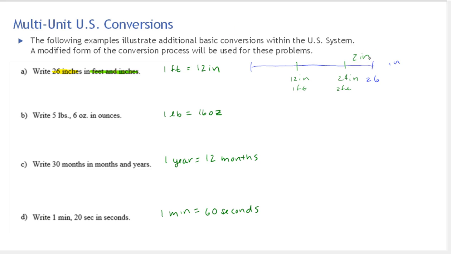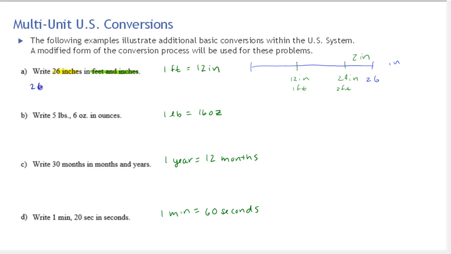Okay? So sometimes it's helpful, rather than to say 26 inches, to write this as many feet that will go into 26 inches, and then write the remaining inches as our remainder. Okay? So this is going to be just like how we did division with remainders.